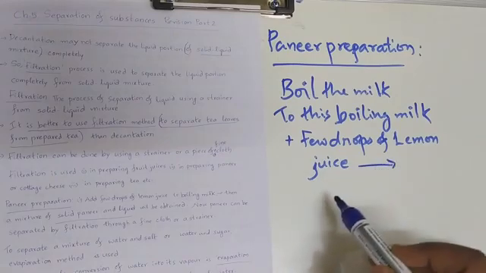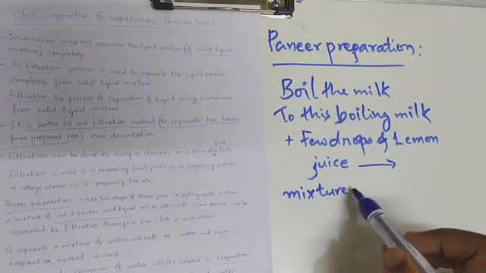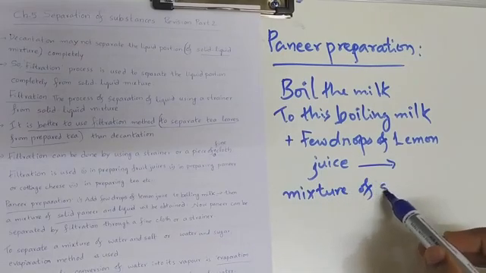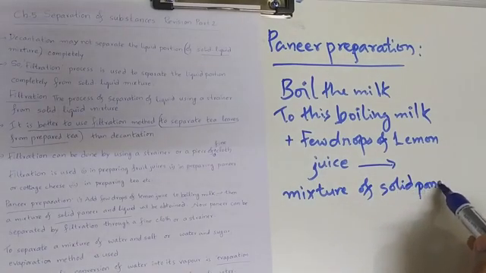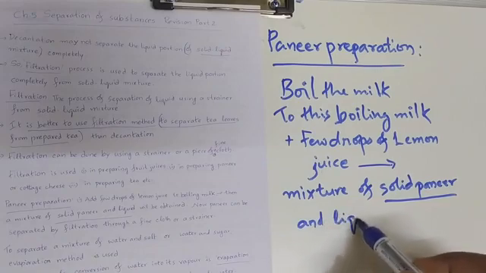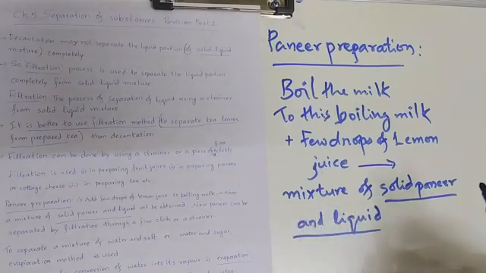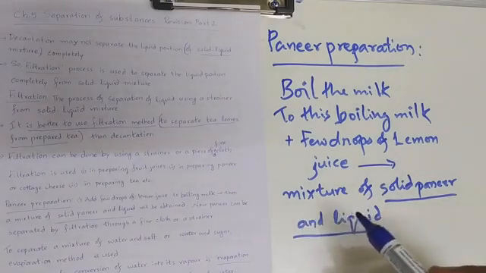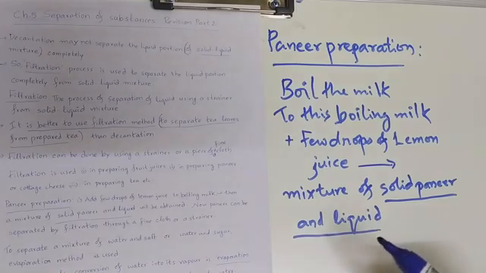So a mixture of solid paneer blocks and liquid is prepared, and this solid paneer can be separated from that liquid by filtration through a fine cloth or a strainer.